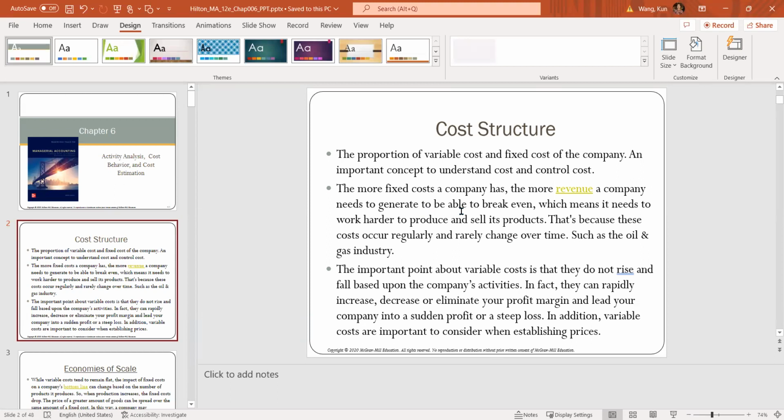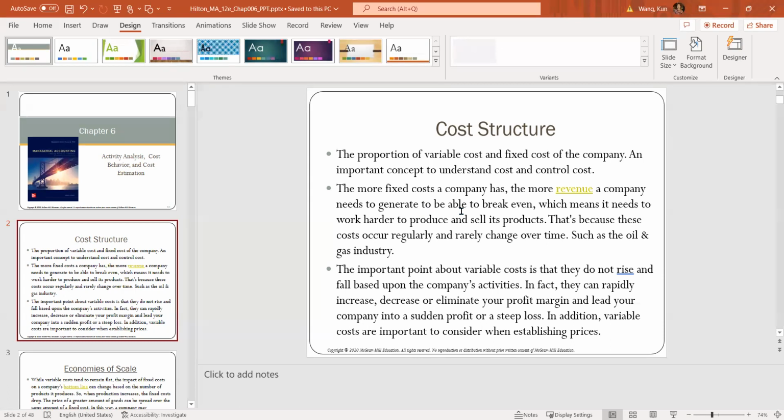For example, how sensitive profit will be when you have an increase or decrease in sales revenues. For some industries, when there is a small change in your revenue, the profit will change a lot.